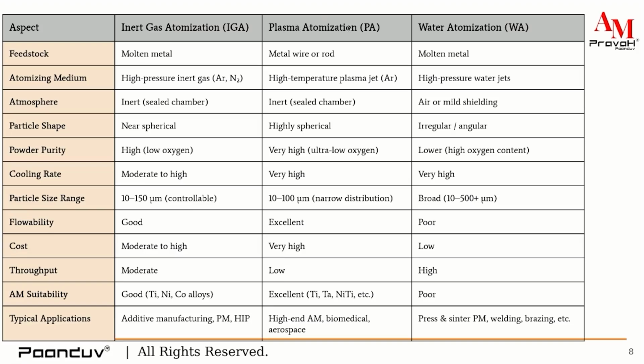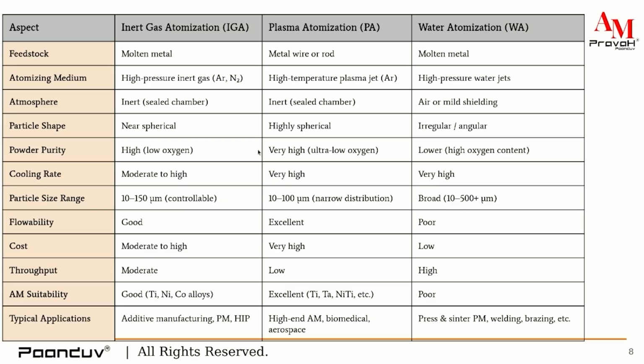Second is the plasma atomization process. The sphericity is very high in these processes, as well as the cooling rates. And hence you get a narrow size distribution, which is 10 to 100 micrometer, very spherical particles by the plasma atomization process. There are other processes which are water atomization, through which you get a broad particle size distribution.